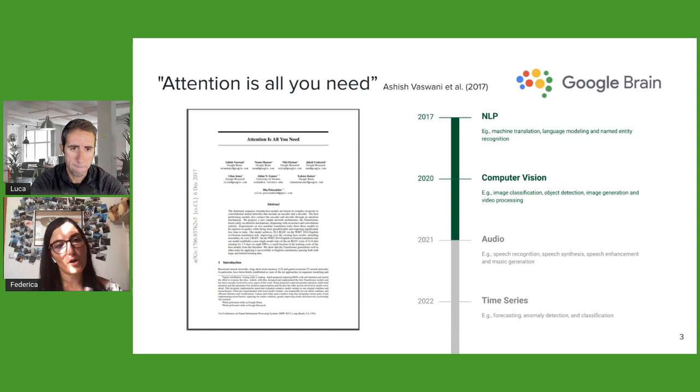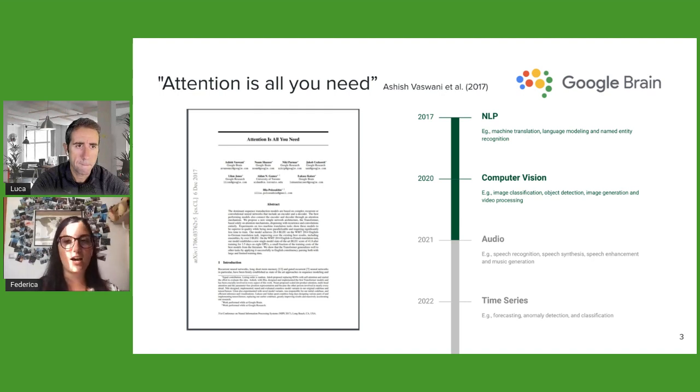So transformers were first introduced in 2017. As you said before, it's been a couple of years. They were introduced by a team at Google Brain, and were first proposed for natural language processing tasks like machine translation or language modeling in general.